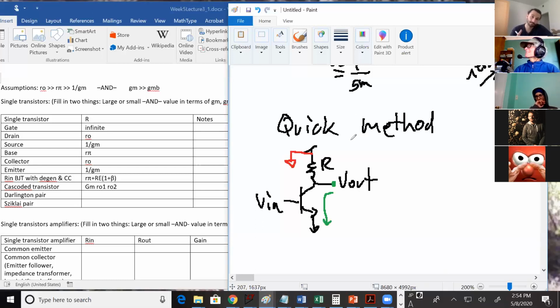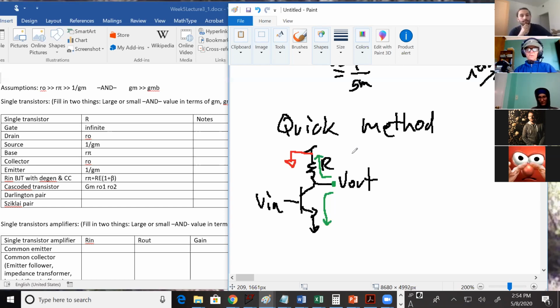Of course. It's up to that ground. Okay, so if you have 2 resistors both going to ground, what can you say about those 2 resistors? They're in parallel.